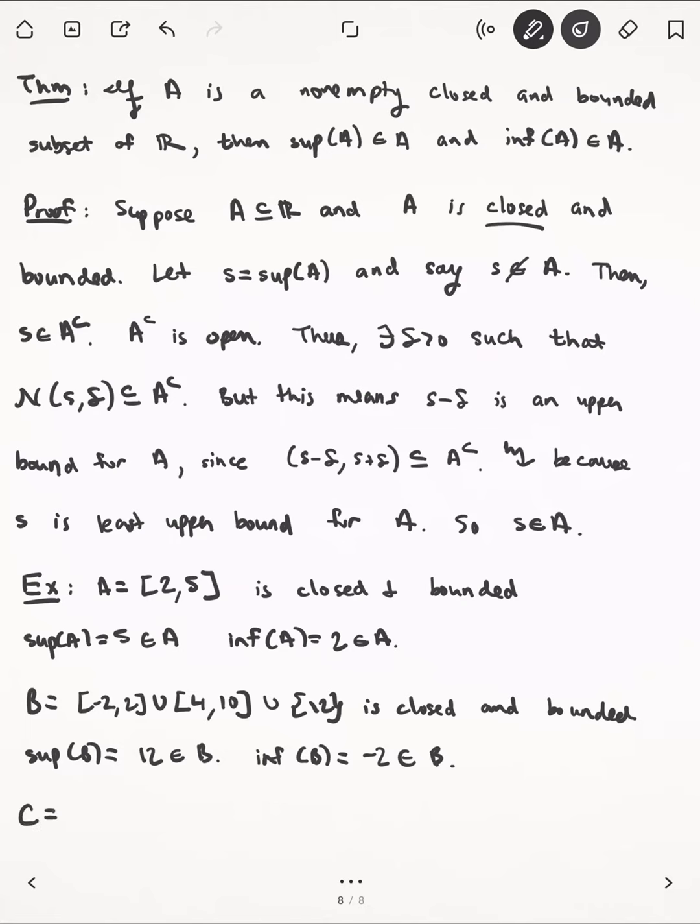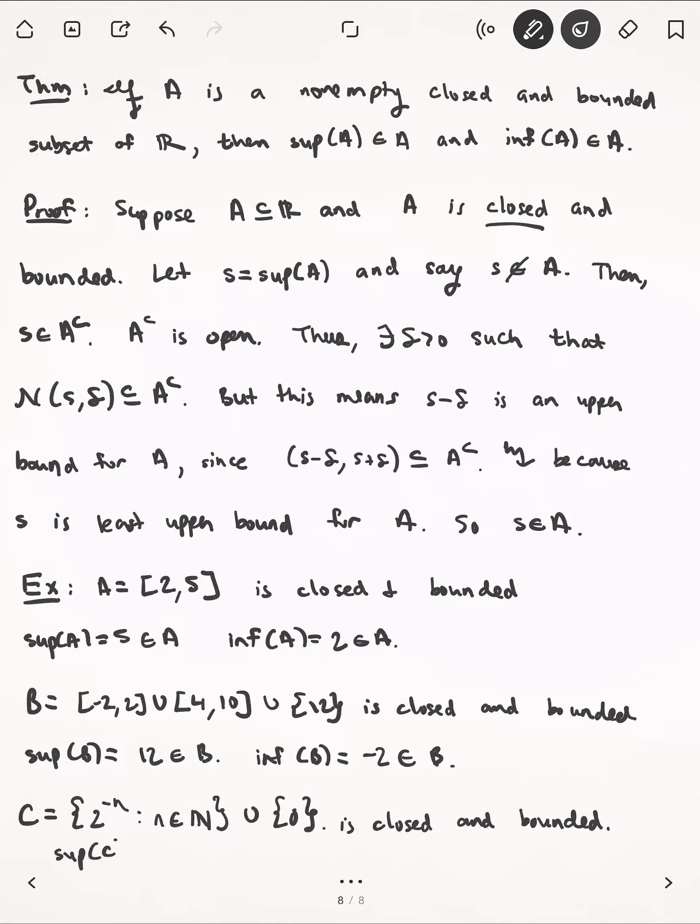C is going to be another example of a closed and bounded set. Inverse powers of 2 with the powers taken from the natural numbers, union with 0, is closed and bounded.